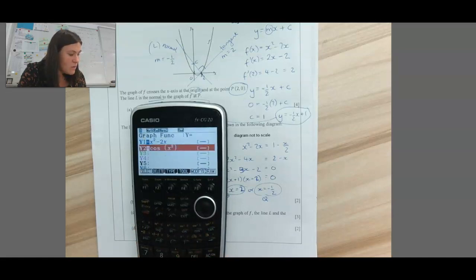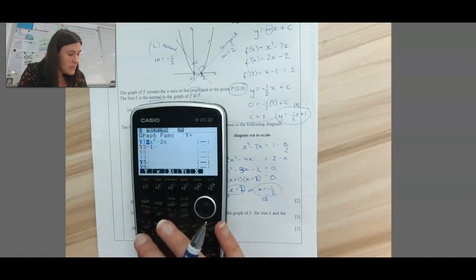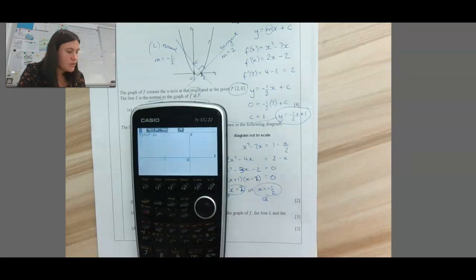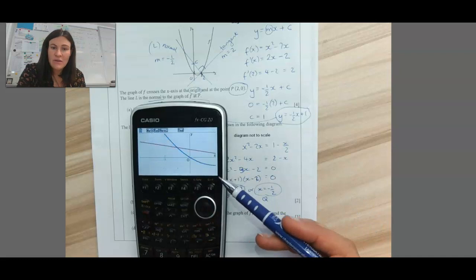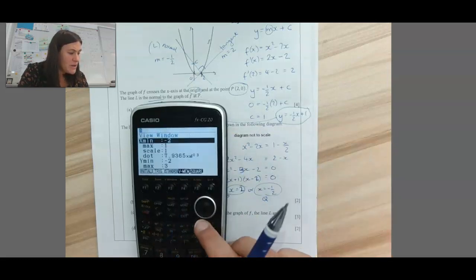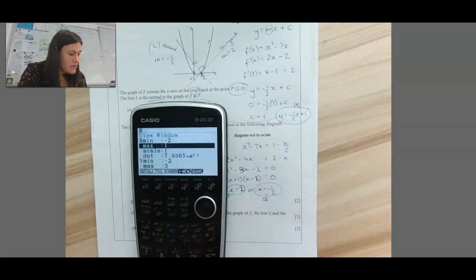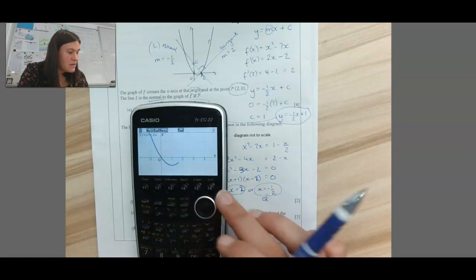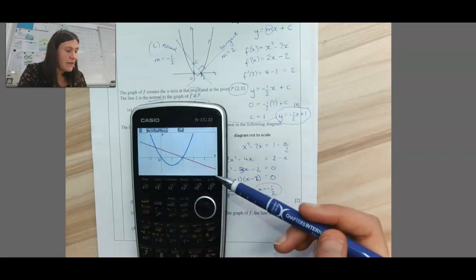And on the next line, 1 minus x over 2. I draw it. If it looked kind of like I was expecting, that'd be good. I can't really see all of it, so I'm going to change my window, press F3. I want to see more of my x-axis, I think. So let me go up to 5 on that, see if that helps. Okay, that looks more like it.